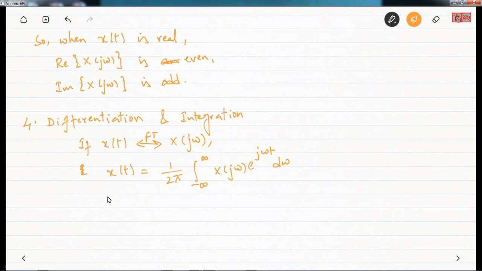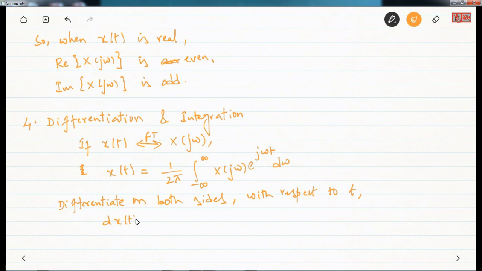So, let's differentiate on both sides with respect to t.